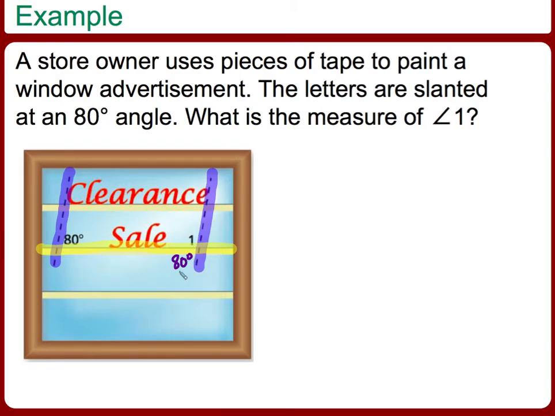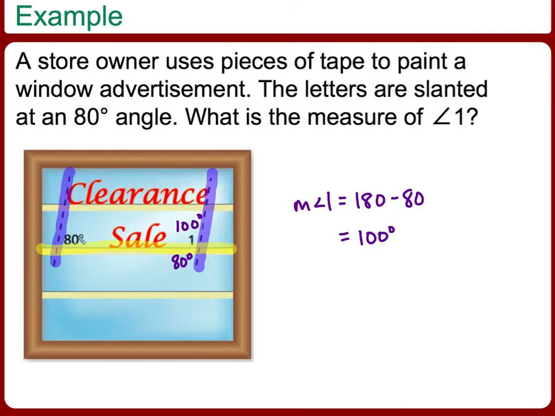So now angle 1 is supplementary to it, so 180 minus 80. So measure of angle 1 is equal to 180 minus 80, because it's supplementary. That is 100 degrees. So the measure of angle 1 is 100 degrees.